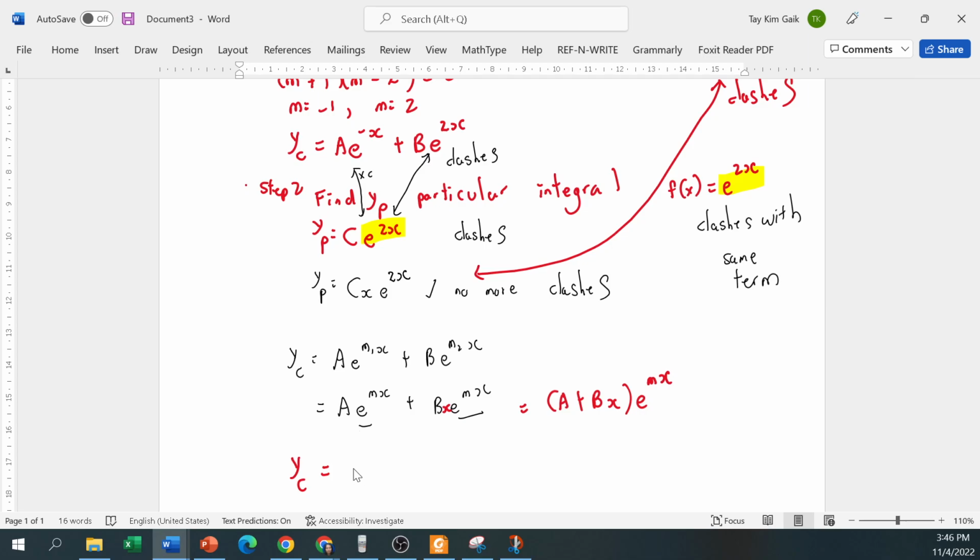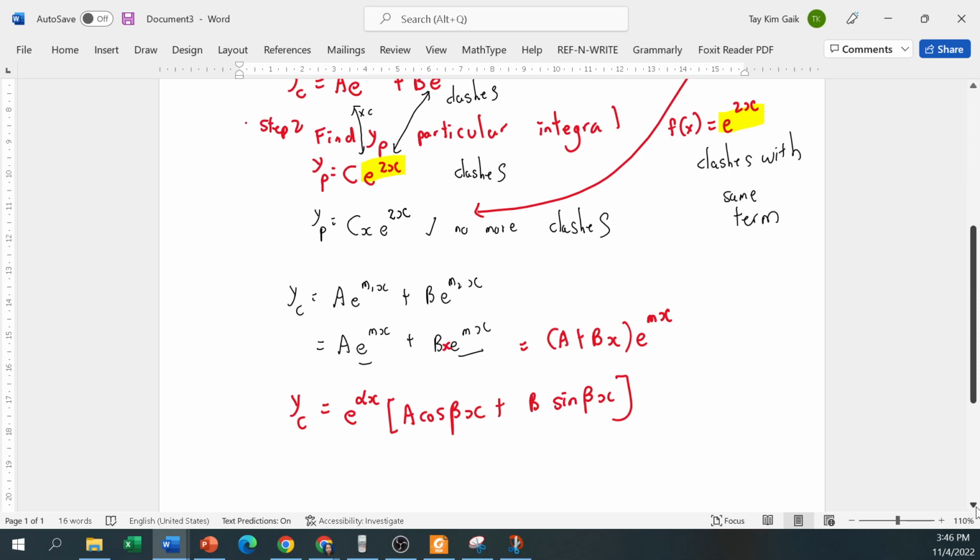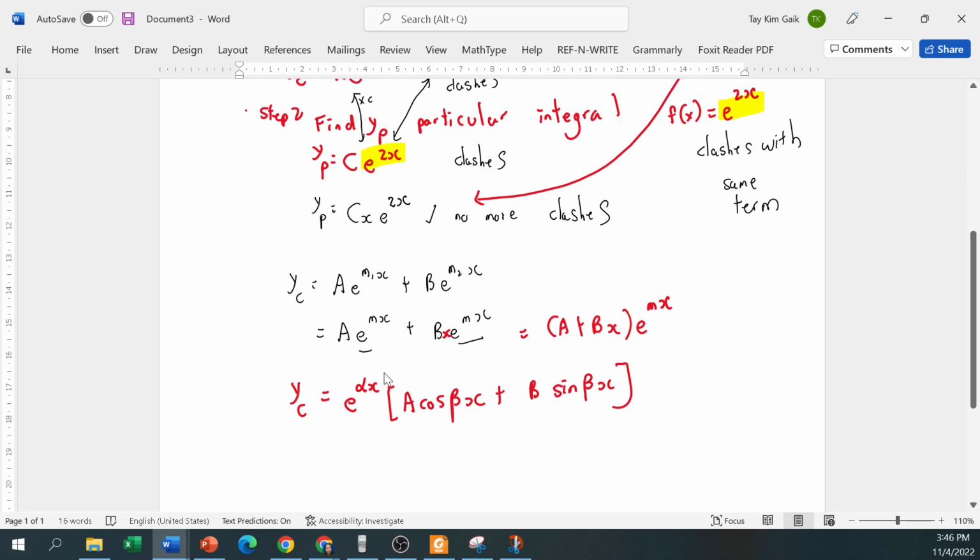In the third case, the complex root, you have e^(alpha x) times (a cos beta x plus b sin beta x). If your f(x) is in the product form of an exponential multiplied with cos or sin, then you may have a clash here.